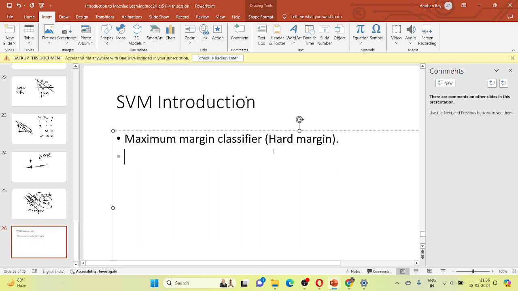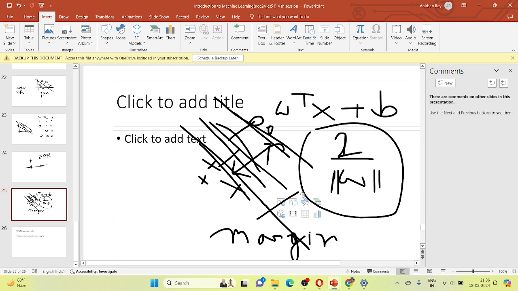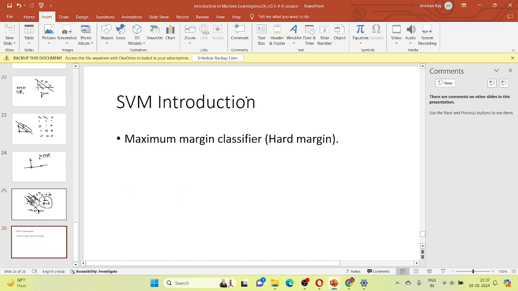Our idea here is that we want to maximize the margin. The L2 norm of W is non-differentiable, so you have to take the square of the L2 norm.